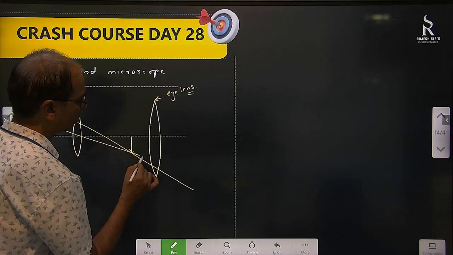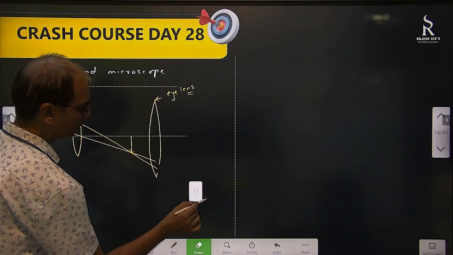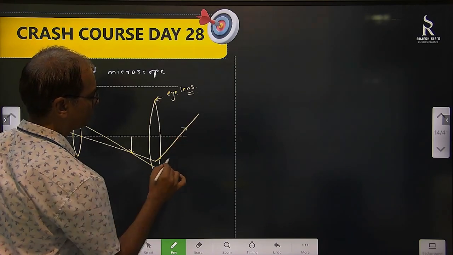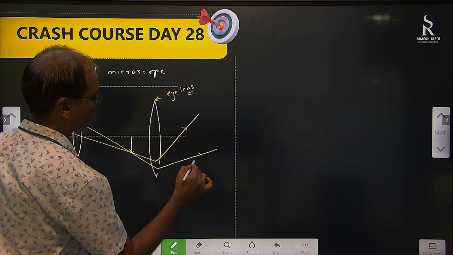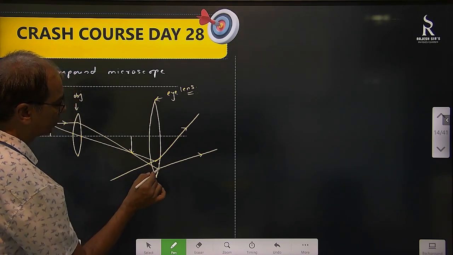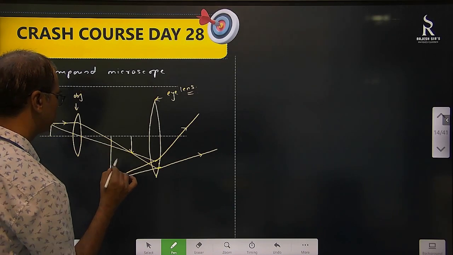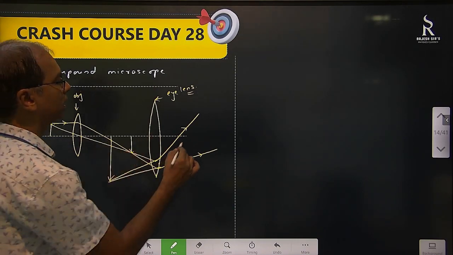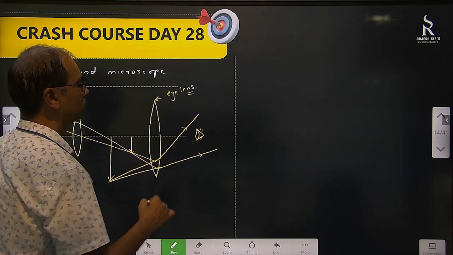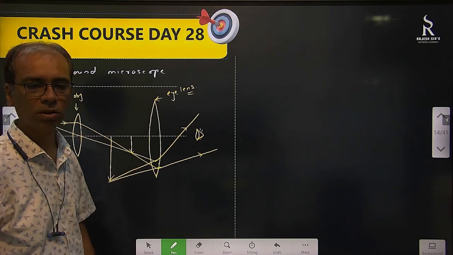Then suppose we continue with them. Then what will happen? We go like this. Then you can retrace them back. Okay, here somewhere will be a final image for the eye. Here is eye. Okay, so this is the object for the eye, and it's going to make its image on the retina.